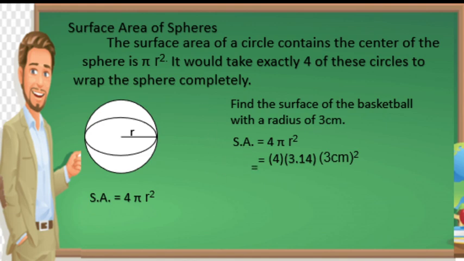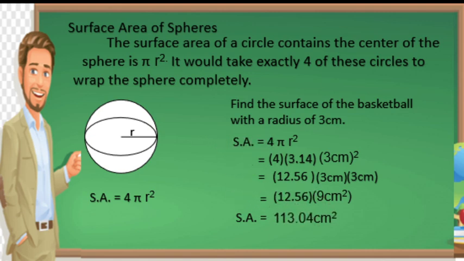And then 4 times 3.14 is equal to 12.56 multiplied by 3 centimeters raised to the second power, which is 3 times 3. Bring down 12.56. And then 3 times 3 is equal to 9 square centimeters. And 12.56 multiplied by 9 is equal to 113.04 square centimeters. And that is the surface area of the sphere.